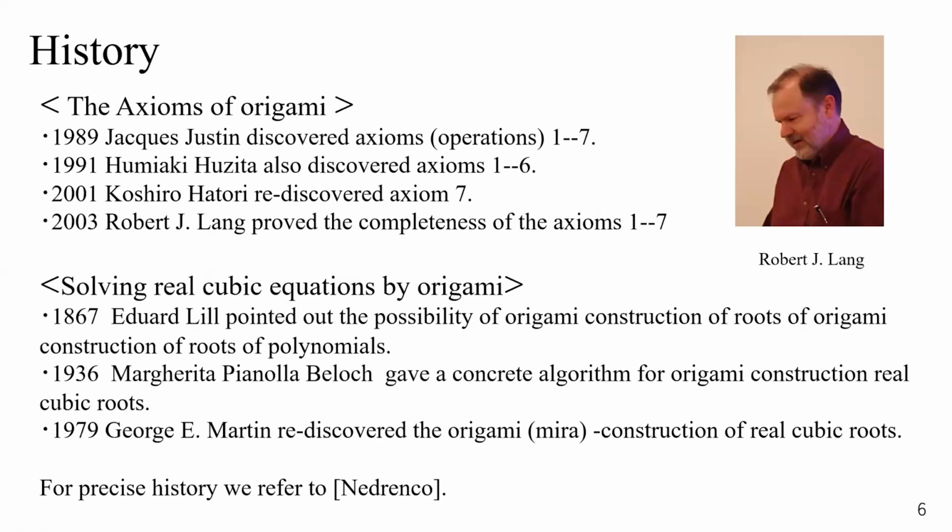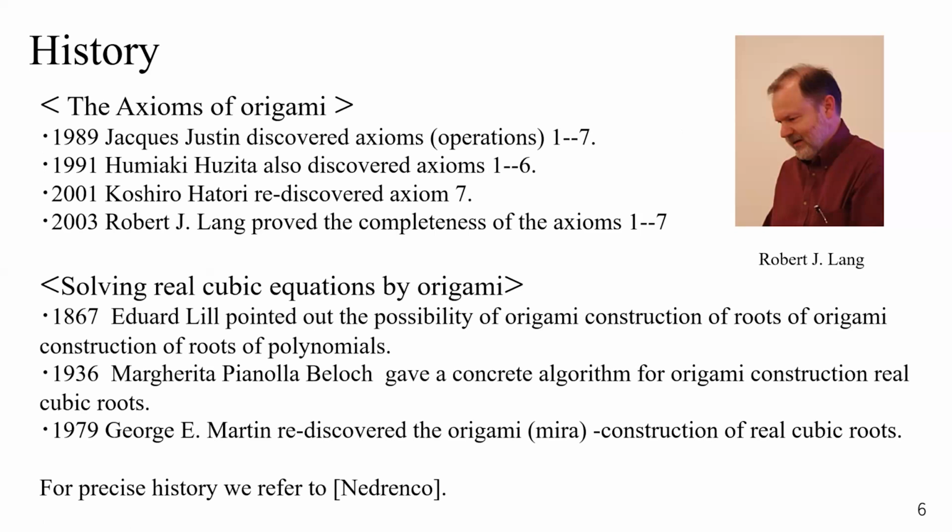Similarly to the axioms of Euclidean geometry, we have axioms of origami. The axioms of origami were arranged around the 1990s by Justin, Fujita, and others. The origami solution of real cubics is mainly due to Beloch in the early 20th century.